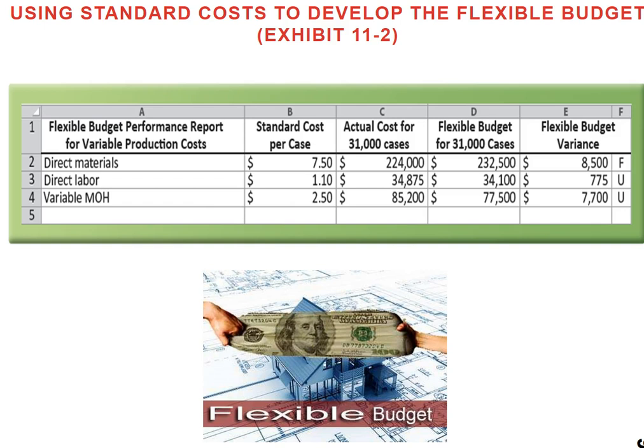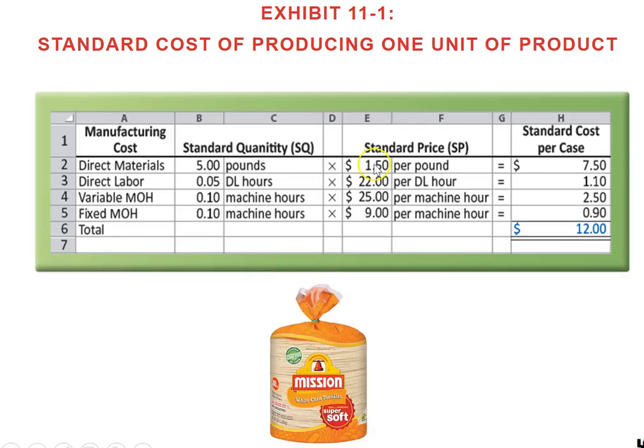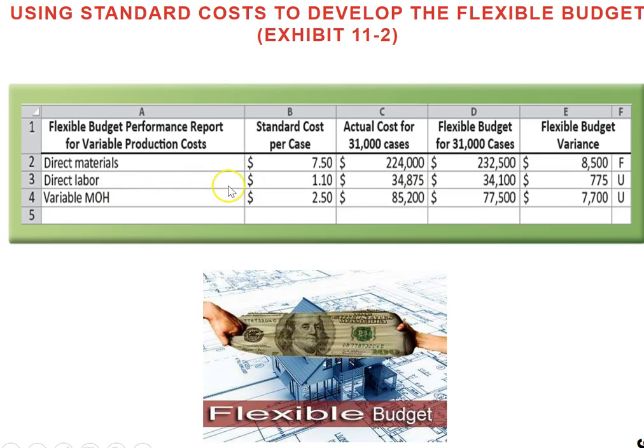Now if you want to compare the actual cost against the standard cost, you could figure out how many units you actually produced. So here you found that you actually produced 31,000 units or cases, and you know what would be the cost per case or per unit, which we found in our previous slides, and we are just showing the variable portions first.